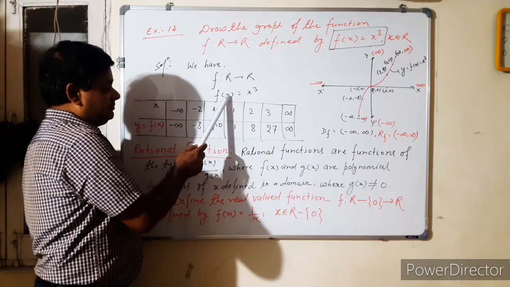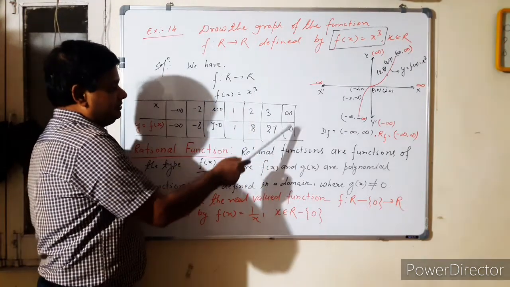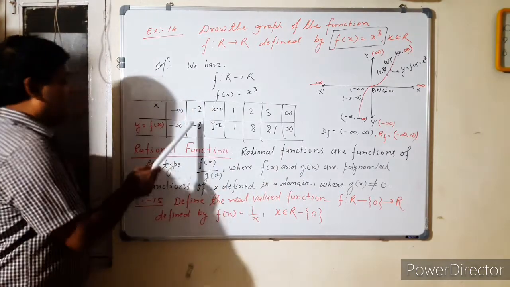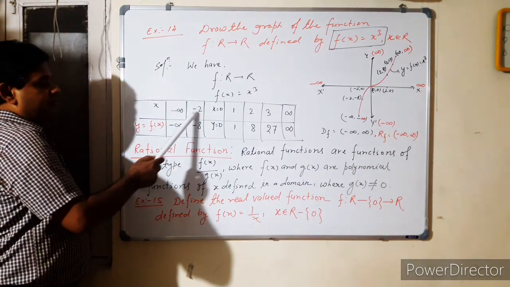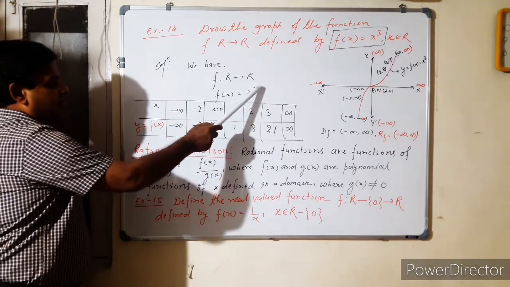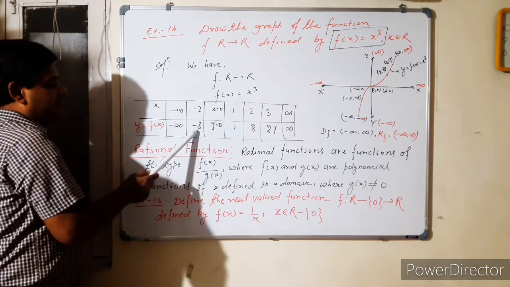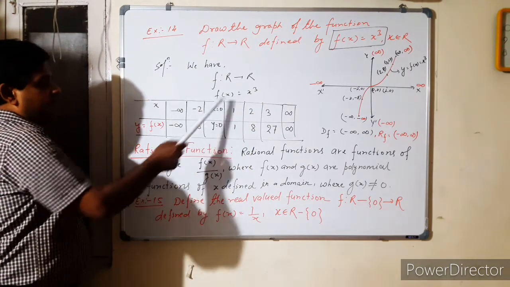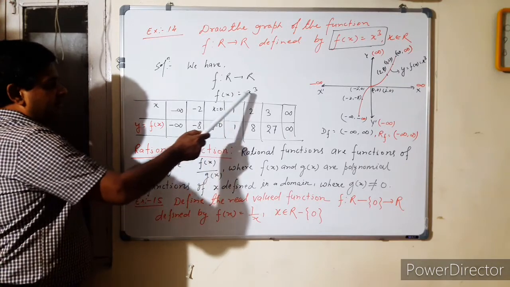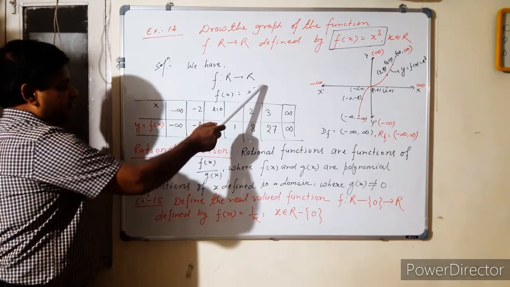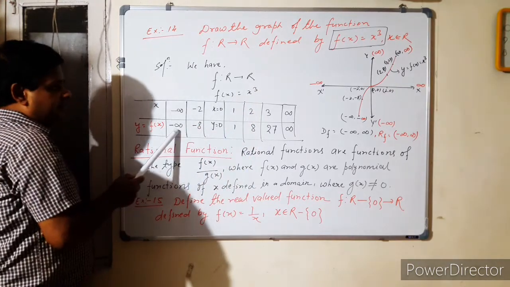When x is infinity, infinity cube is infinity. When x is minus 2, the power is an odd power, so it becomes minus 8. When x is minus infinity, minus infinity whole cube is minus infinity.